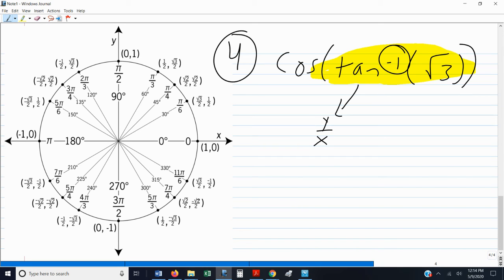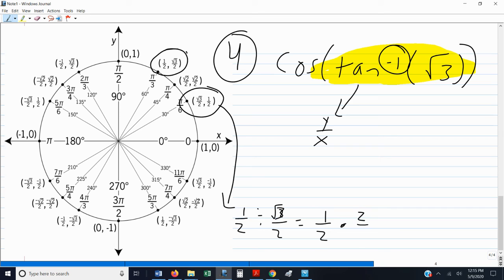And you're probably going to zoom in on one of those. So at 30 degrees, the y divided by the x, that's √3/2, multiply by the reciprocal, and you get 1 over √3, which you can rationalize and get √3/3. So that doesn't seem right.